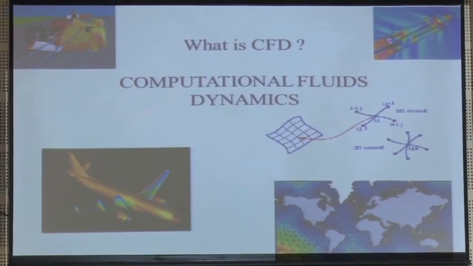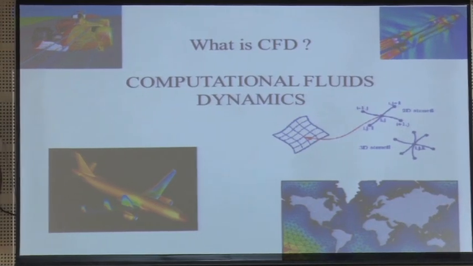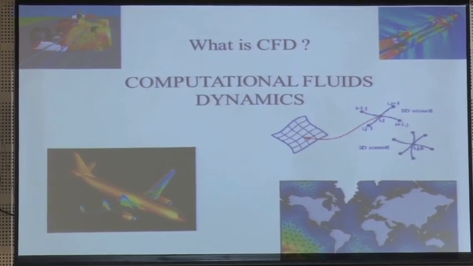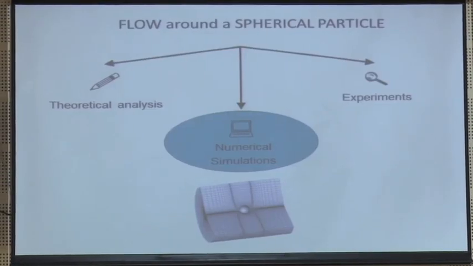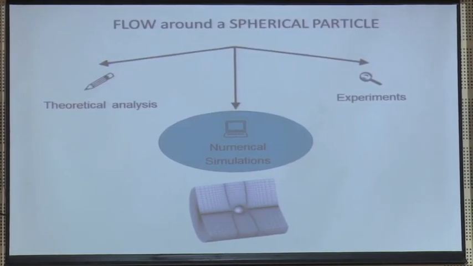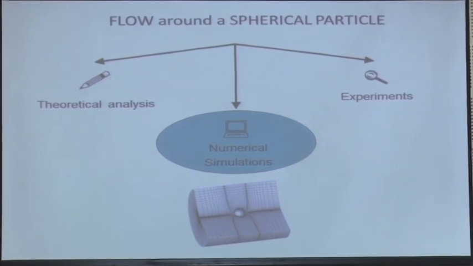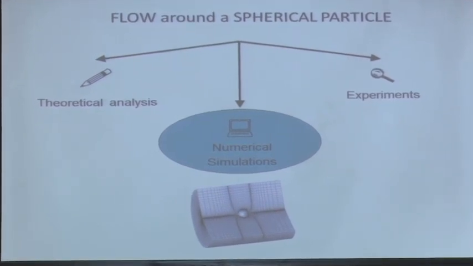Okay, so these are some examples of simulations of the flow around objects. Let's say that you want to predict the flow and the drag or the lift, any forces acting on a spherical particle.